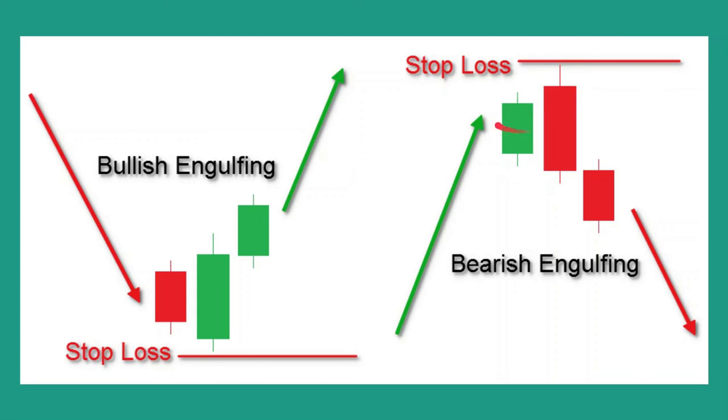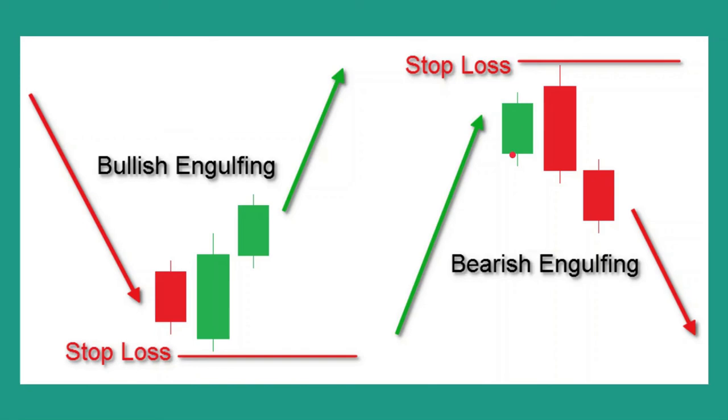As you can see here in this photo, the red real body opens with a gap above the close of this candle, and also it closed below the open of the green candle.